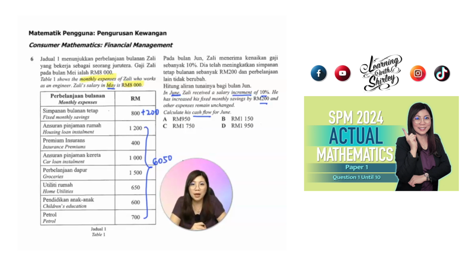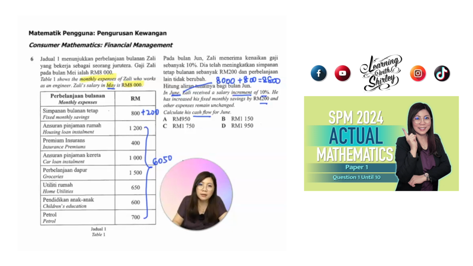So if in May it's 8,000, then 10% of 8,000 is 800, right? So in the month of June, his salary is 8,000 plus the 800, so it becomes 8,800. So it's 8,800 in June.